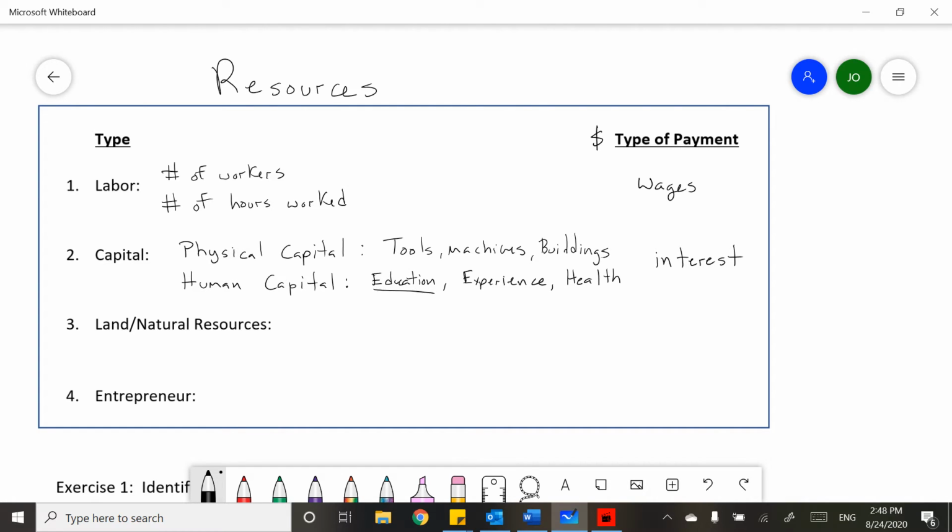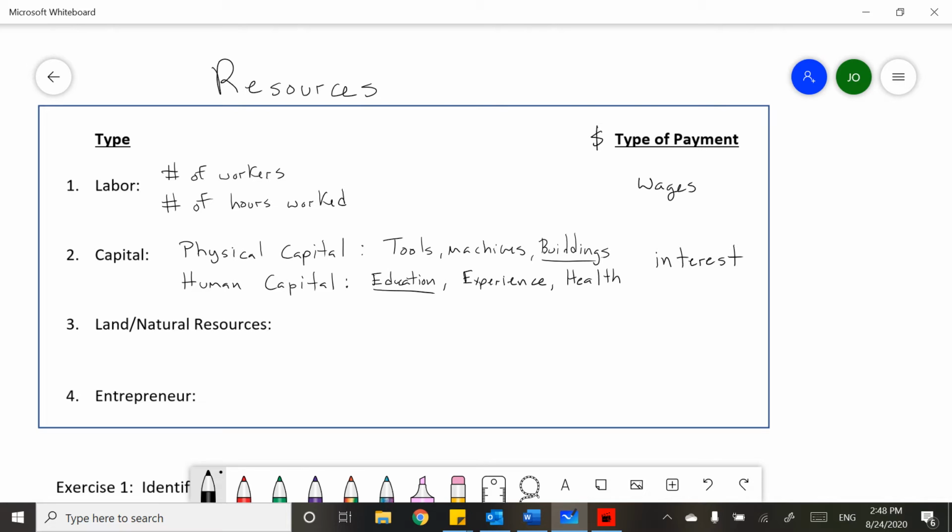We can see that in education clearly, because if you get a student loan, you have to pay the interest. Same thing for a building. A very basic type of building is a house. People usually get a loan and they have to pay their interest. But even if you pay for a house or your education with cash, you are giving up the interest that you would have gotten if you just kept your money in the bank. That's something that we're going to cover later on when we think about how people make choices and opportunity cost.